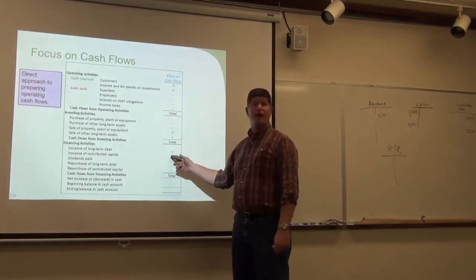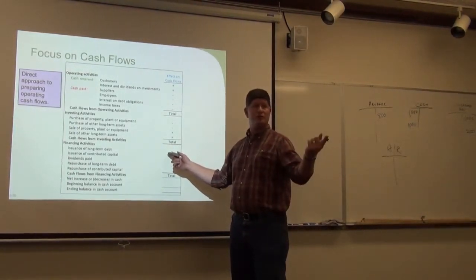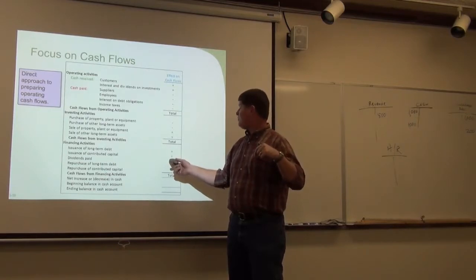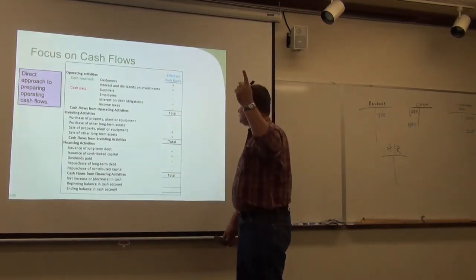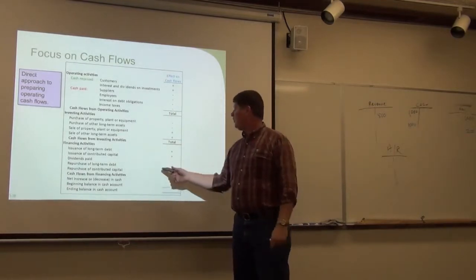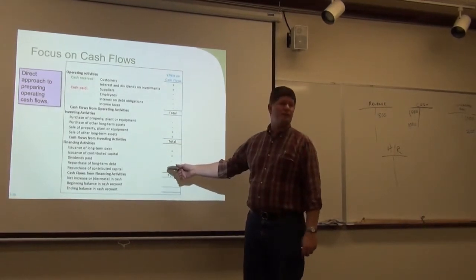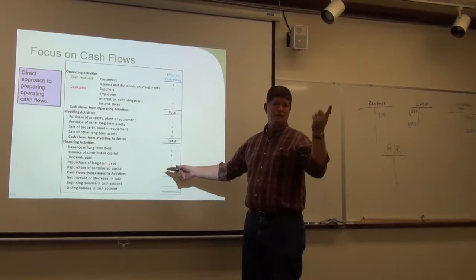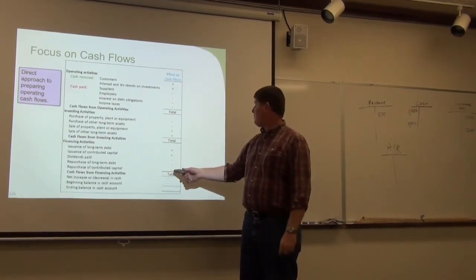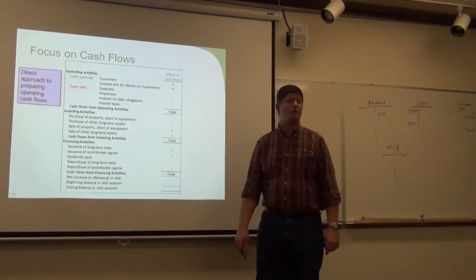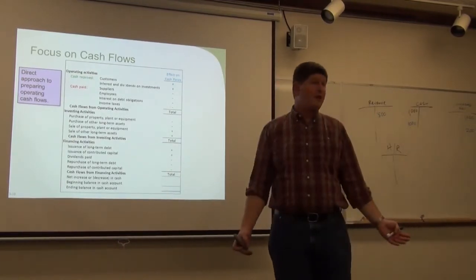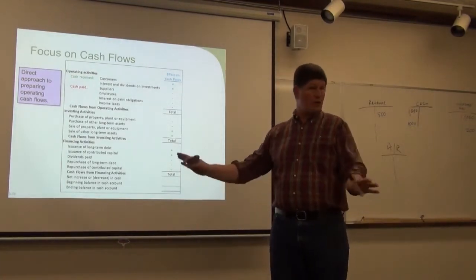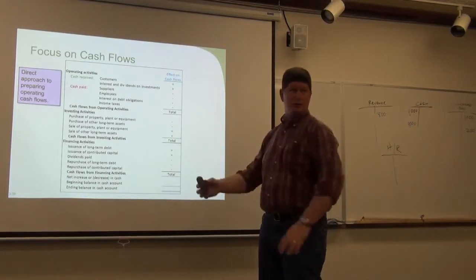We issue more stock. Cash goes in. We pay dividends. Cash goes out. We pay off long-term debt. We go down to the bank and we pay them. Cash goes where? Out. We buy back our own stock. Cash goes where? Out. Good? Okay, real basic concepts. I'm going to work you into this one slowly. Questions?